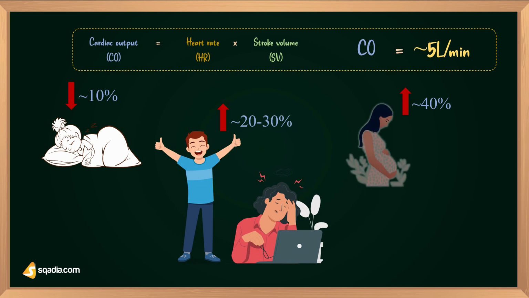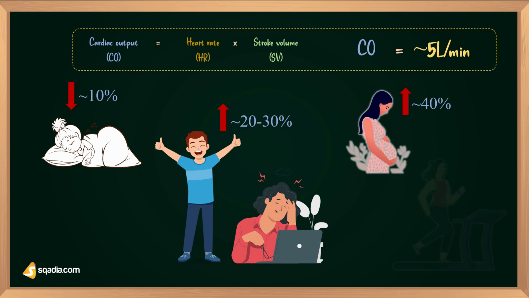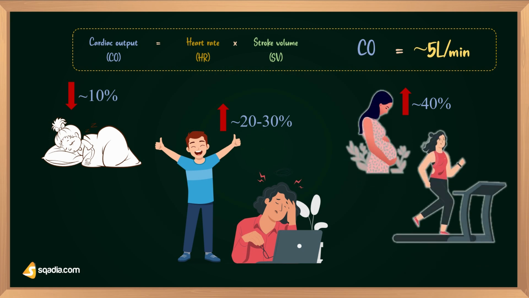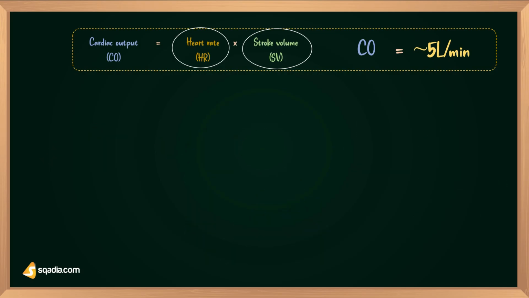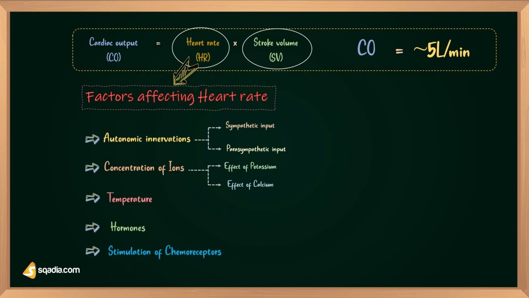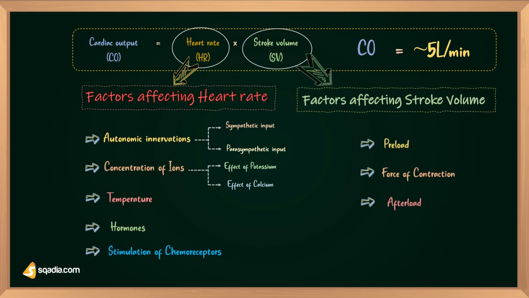It also rises by up to 40% during pregnancy, and 4 to 6-fold during hard exercise. And this change in cardiac output is due to change either in heart rate, or change in stroke volume, or changes in both. And so all those factors that affect either heart rate or stroke volume will ultimately affect the cardiac output. So here, we will look at all factors affecting heart rate and factors affecting stroke volume one by one.